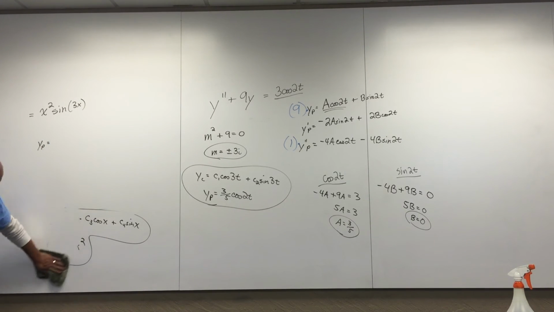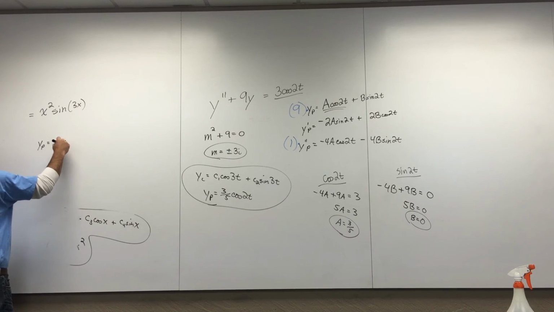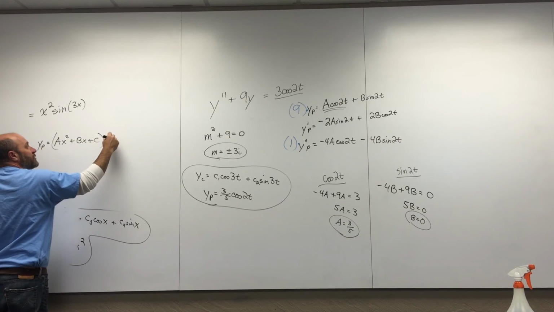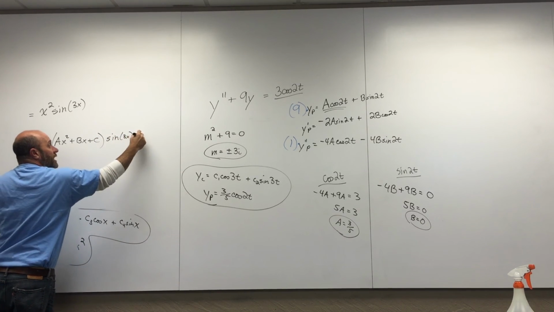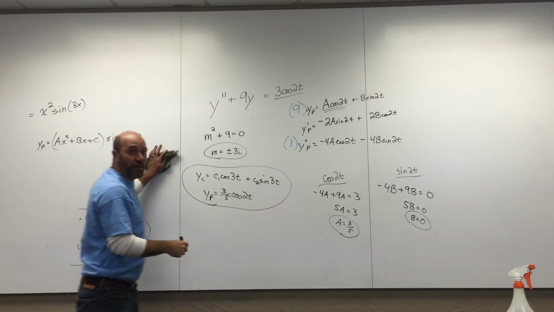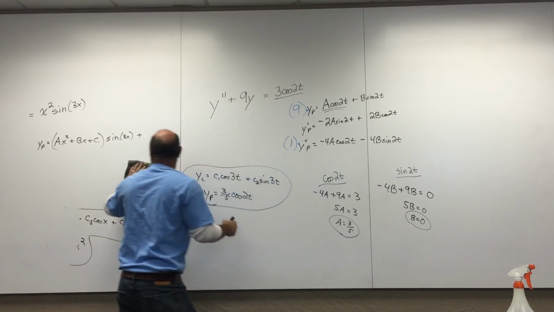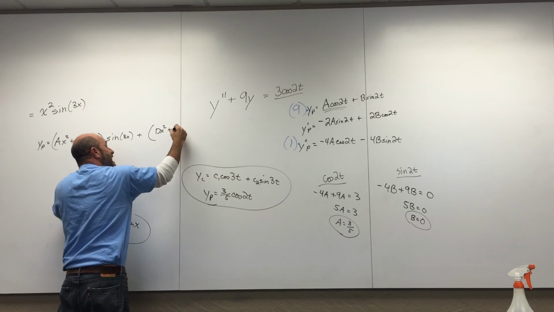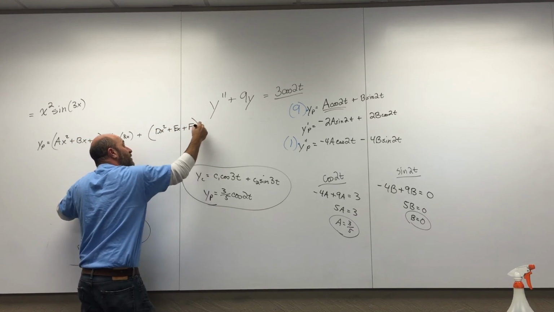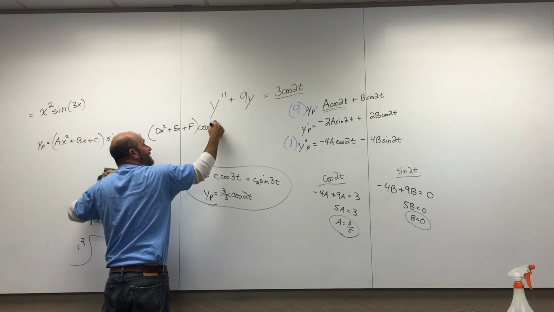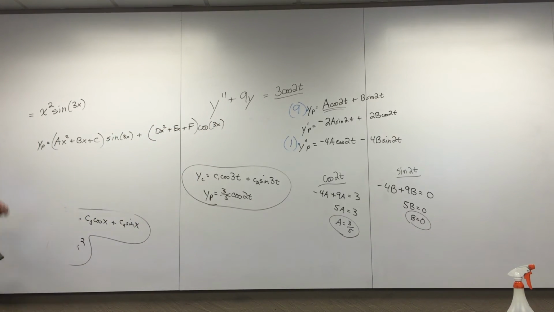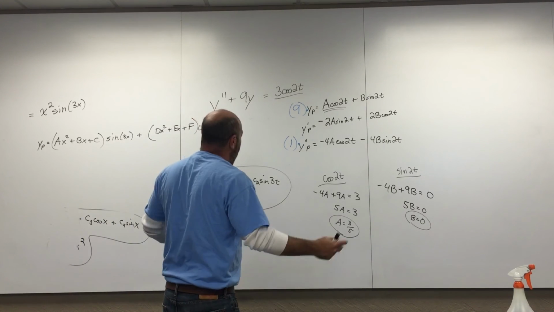It would be ax squared plus bx plus c in parentheses times sine 3x, plus dx squared plus ex plus f times cosine 3x. So we can't just have ax squared plus bx plus c times sine 3x plus cosine 3x. Well, no.